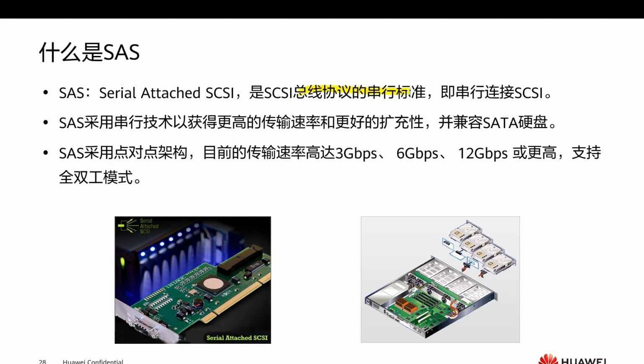At the same time, the cable structure of SAS saves space, therefore improving the heat dissipation and ventilation capabilities of servers using SAS hard drives. SAS adopts a point-to-point architecture. Currently, its transmission speed can reach 12 Gbps or even higher, and it supports full-duplex working mode.